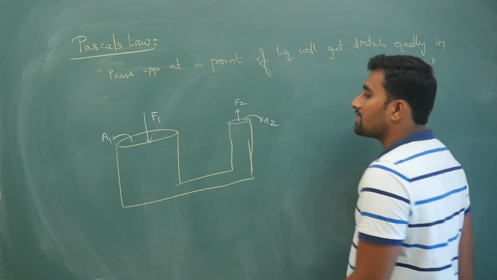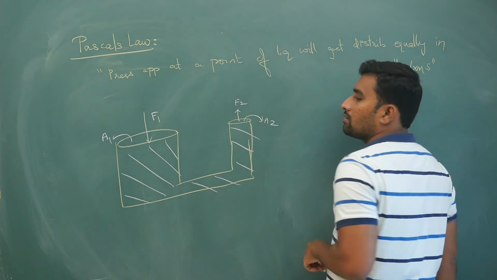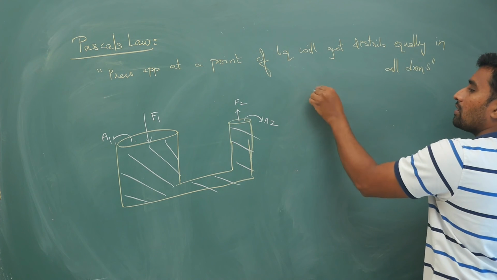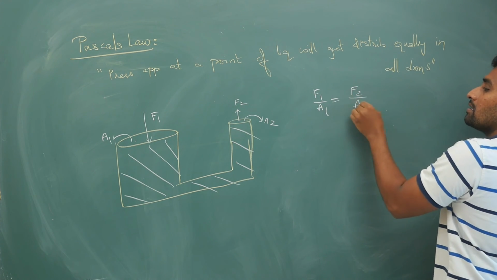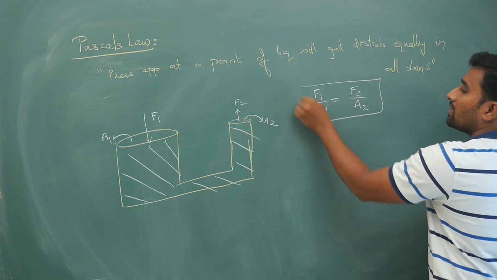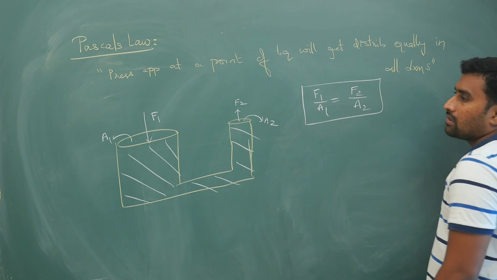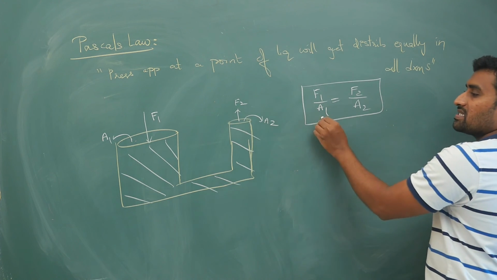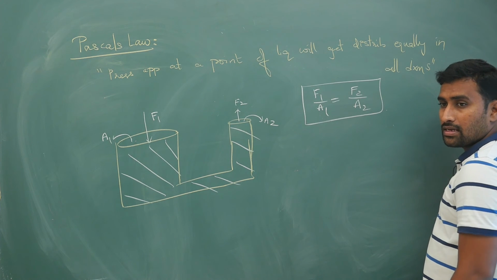If you take an incompressible liquid here, then according to Pascal's law your pressure at the left end is F1 by A1, that is equal to F2 by A2. Your pressure will get equally distributed in all directions. Force by area is the pressure, so F1 by A1 is equal to F2 by A2, pressure at left and pressure at right.